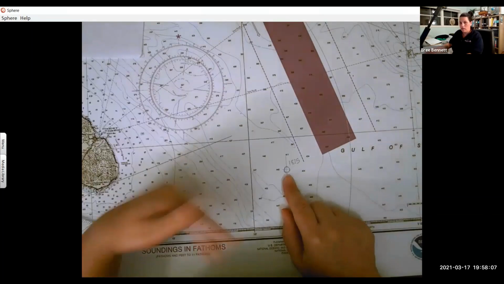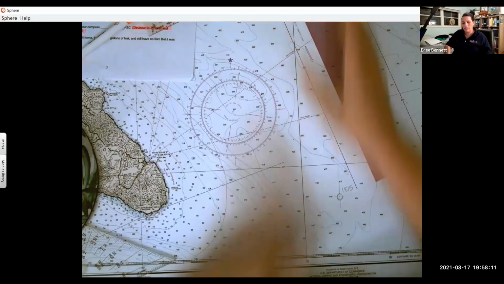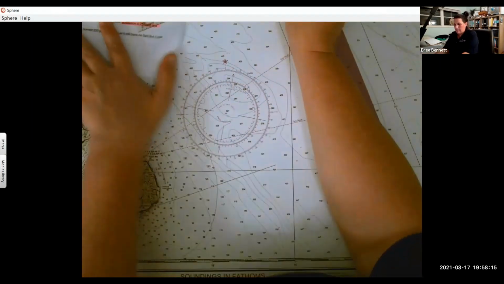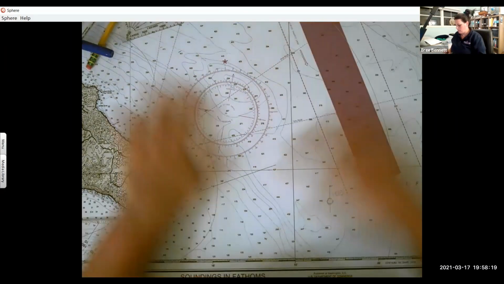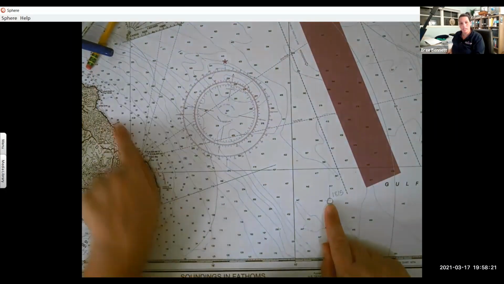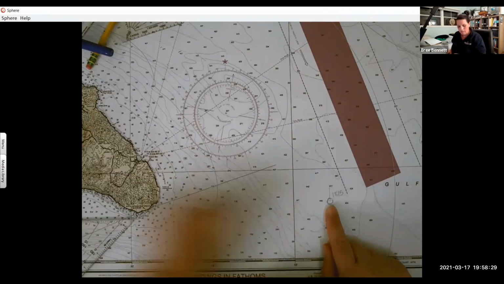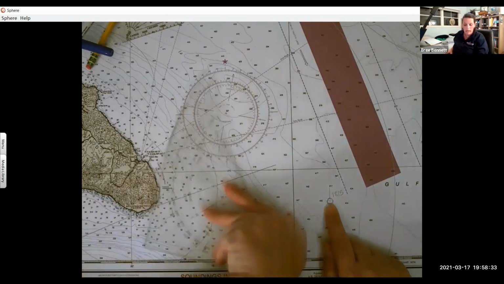So we're gonna plot a course from our 1815 position to Long Point up here. So we're going to create a track line. Hopefully we can see Long Point.